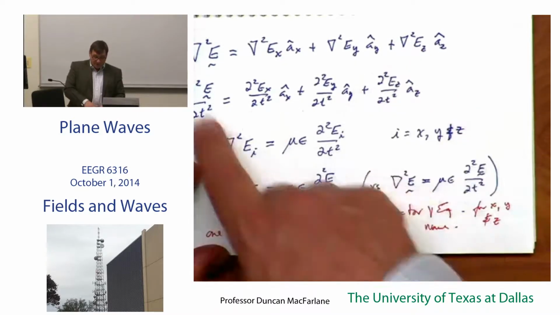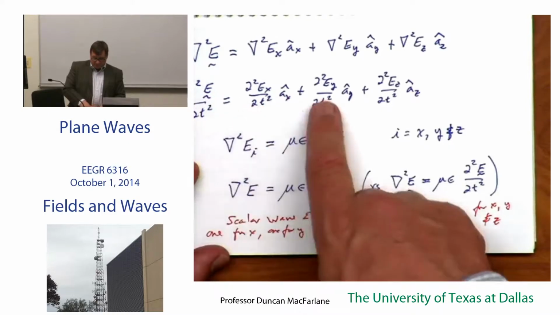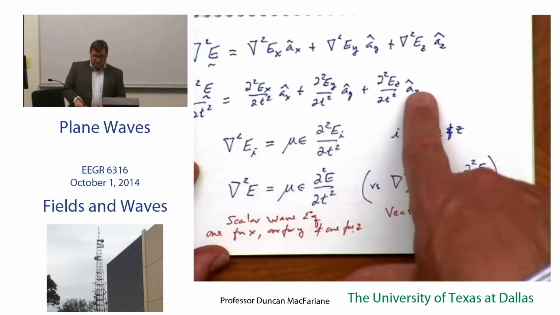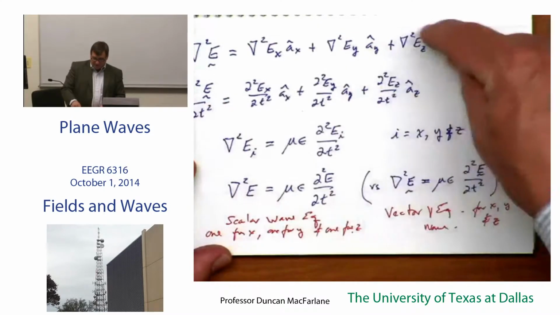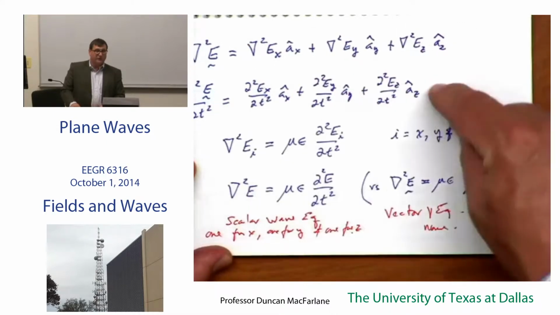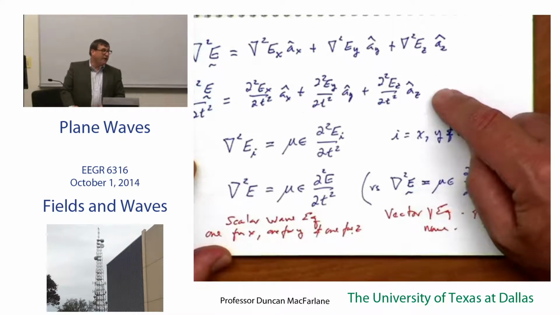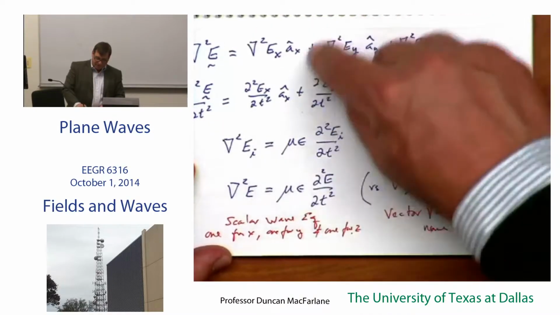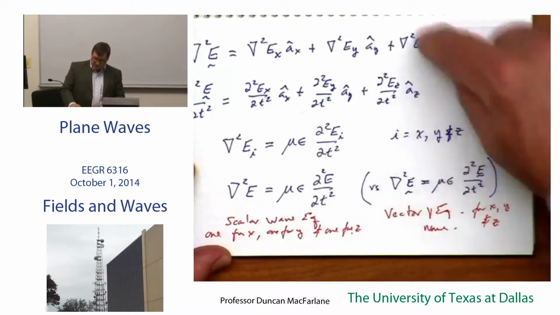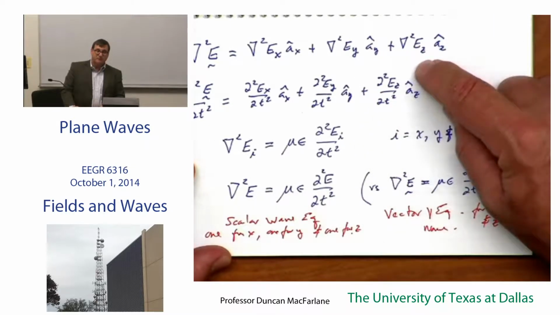Okay. The d by dt term also breaks apart into an x and a y and a z term as well. I don't know if I went through this as carefully as I should have, but this is equal to this. These three terms are equal to these three terms. X, y, and z are orthogonal. So this has to be equal independently from this, which has to be equal to this independently.